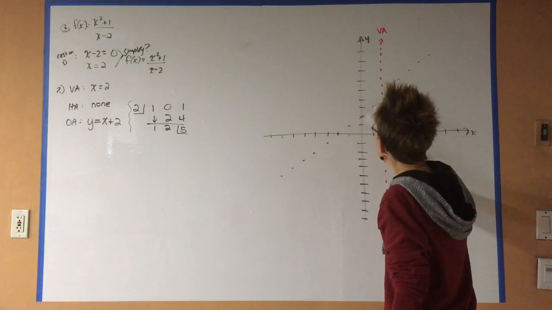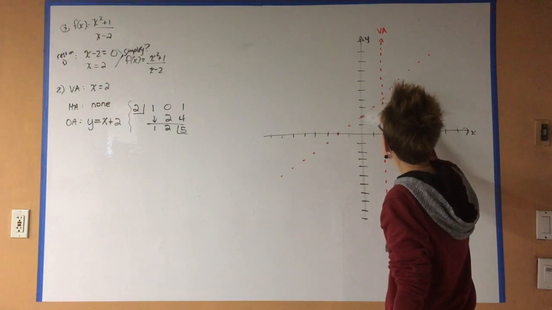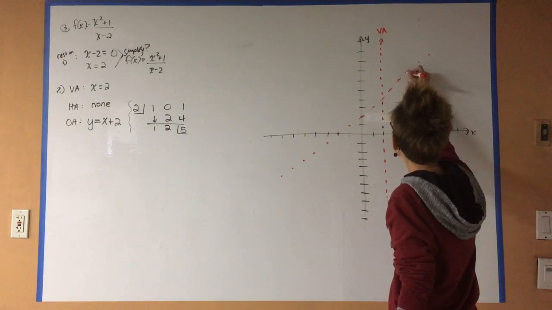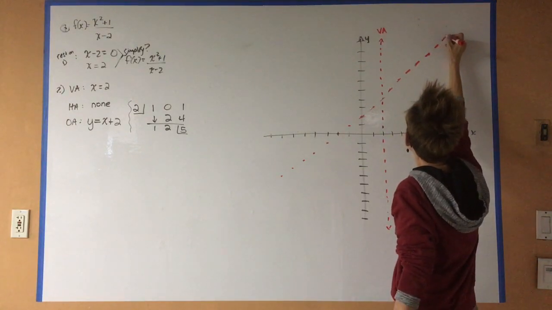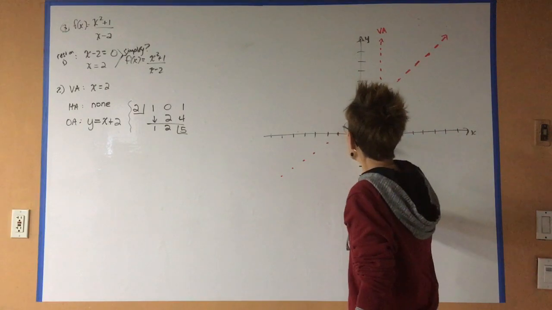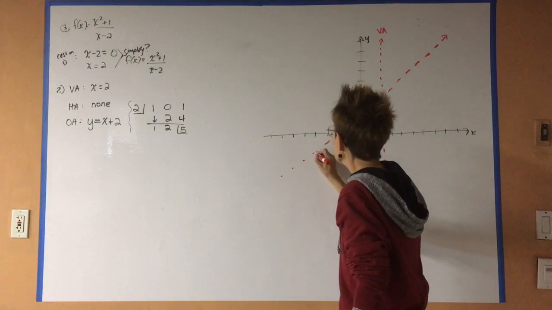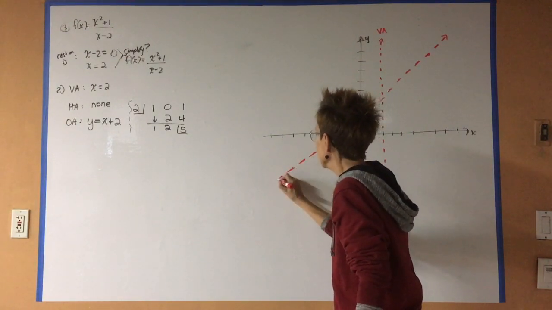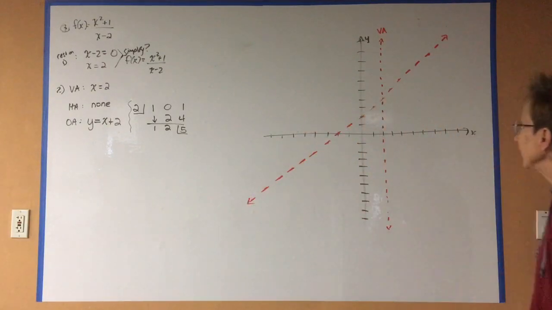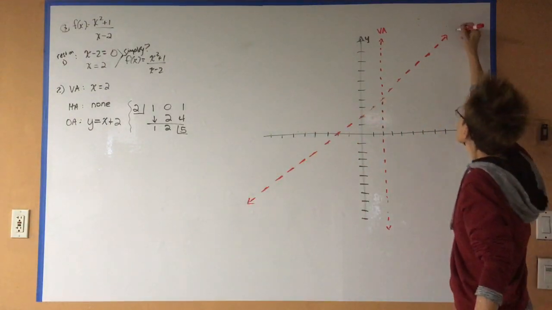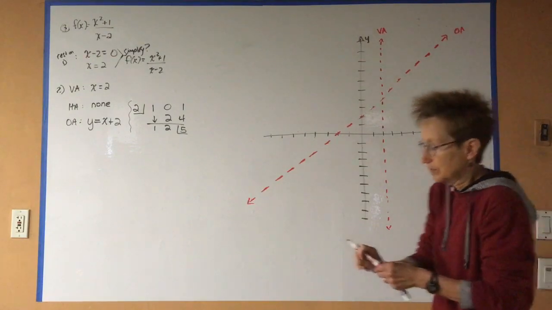But do it with dots. Don't fill it in as an actual full line. Just do it as a dotted line because it's just an asymptote. So I'm going to fill these in with a dotted line. And again, do it the whole way so that it's very, very accurate. So this is my oblique asymptote.